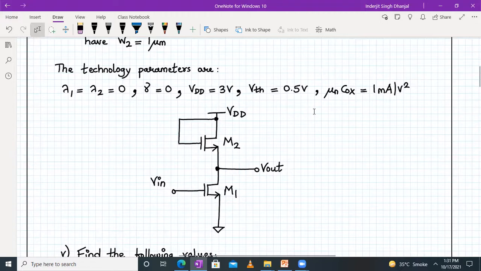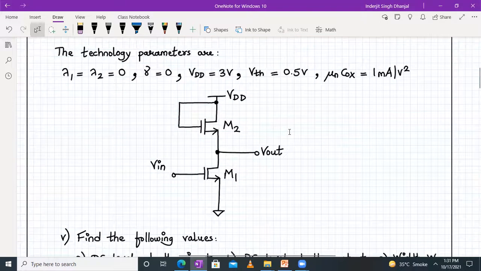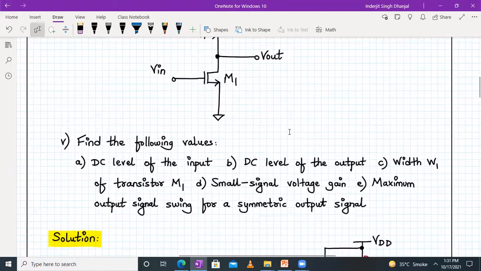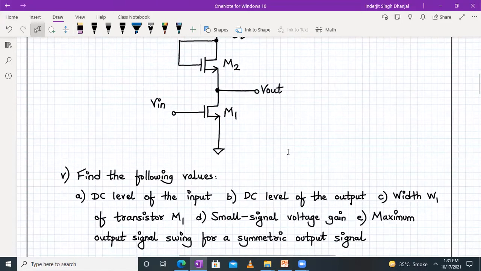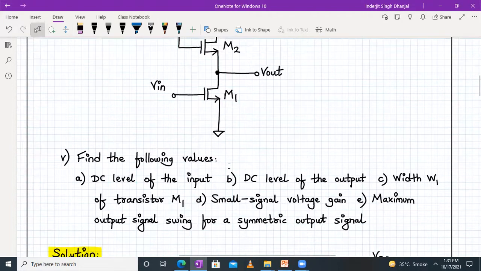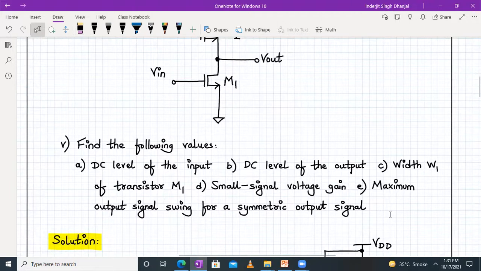We have to find the following: the DC level of the input, that means the biasing voltage for the M1 transistor; the DC level of the output, that is V out DC; the width W1 of the transistor M1; then the small signal voltage gain; and finally the maximum output voltage swing for a symmetric output signal.